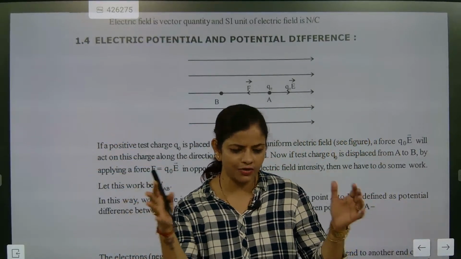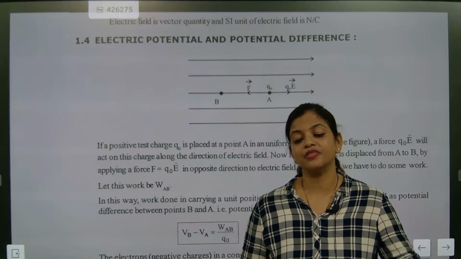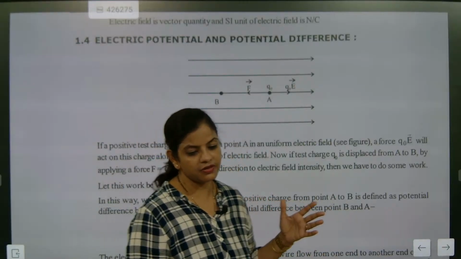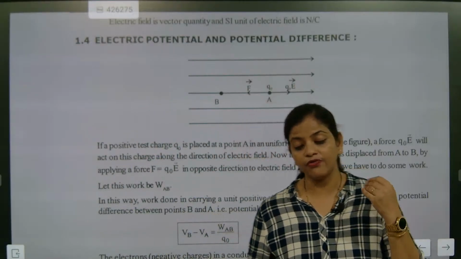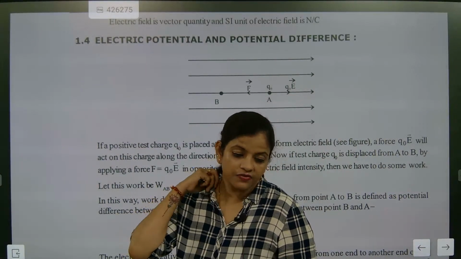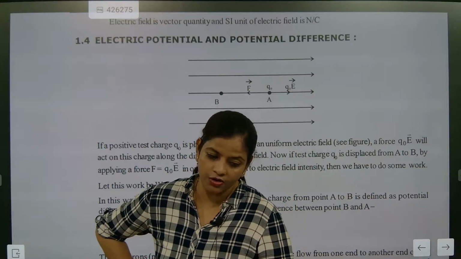Just like in your home, there are 10-15 people. If some extra person comes, either you will get attracted towards that person or you will repel that person. That depends upon the type of repulsive or attractive force that person generates on you. Got it?